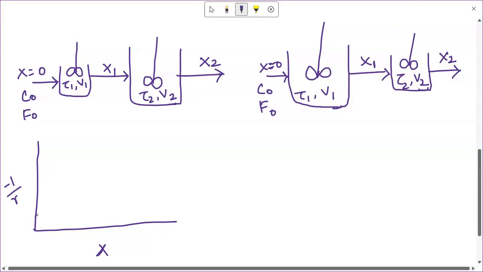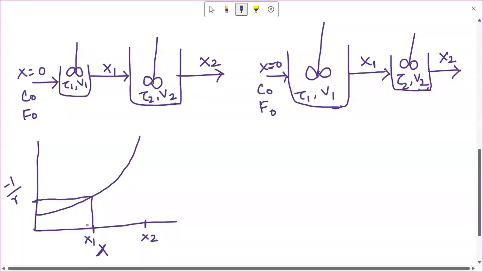With that, let's say we get a curve like this. At this point lies x2. At this point lies x1. So now you have to draw a rectangle.